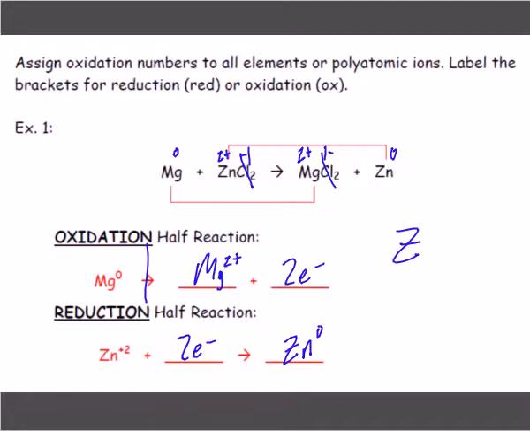Now, if we were to put both of these half reactions together, similarly to our net equation, or net ionic equation, we did those net ionics, we could put it all together. So we would have something like magnesium 0 plus zinc ion plus 2 electrons would yield, and it would just be all of our products: Mg2+ plus 2 electrons plus zinc 0.